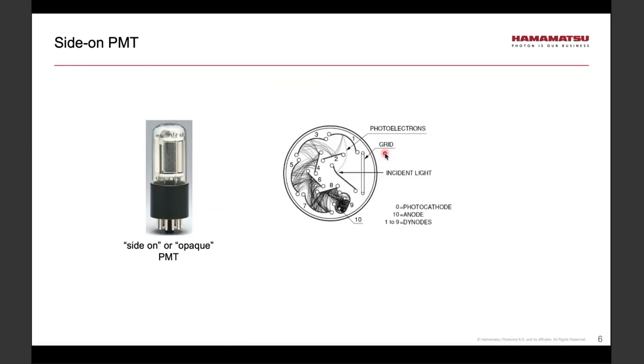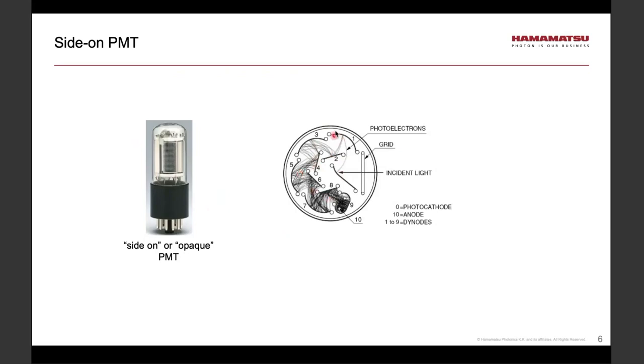There are two basic designs of PMTs. One common design is known as side-on or opaque, which is shown on the left-hand side of the slide. The light illuminates this portion of the PMT, the grid, and the process of electron multiplication then follows. And we can see that on the right-hand side, this is computer simulation of the paths of electrons that move between the sequence of dynodes.